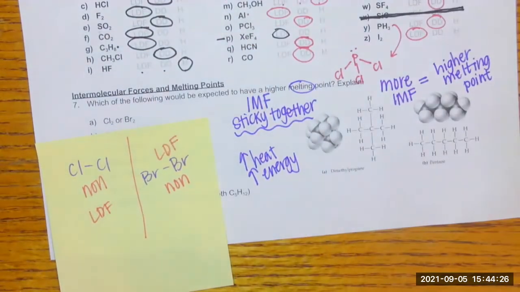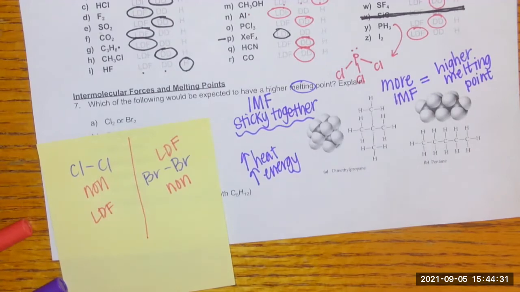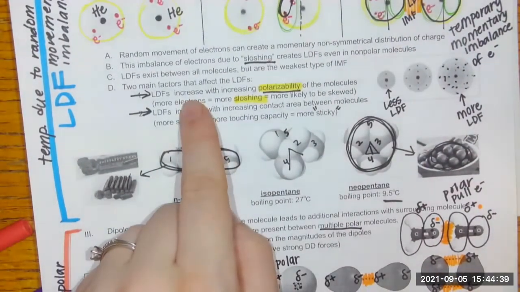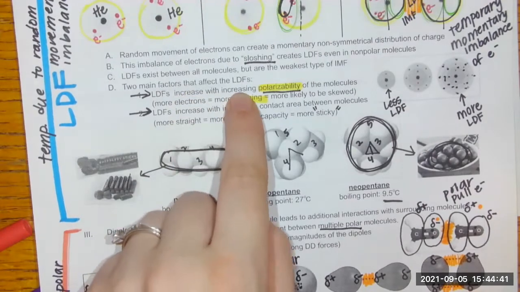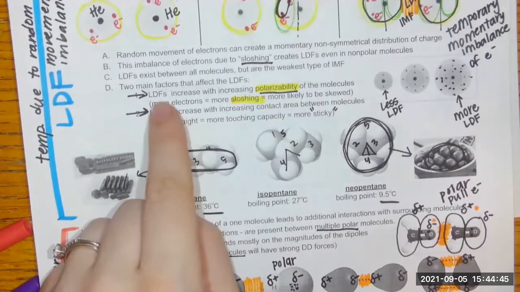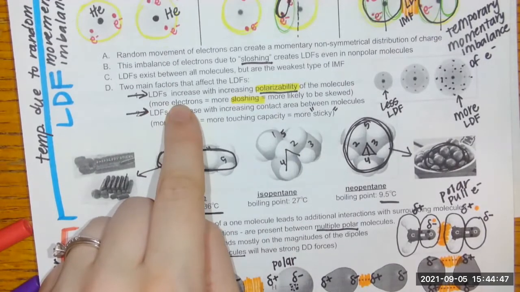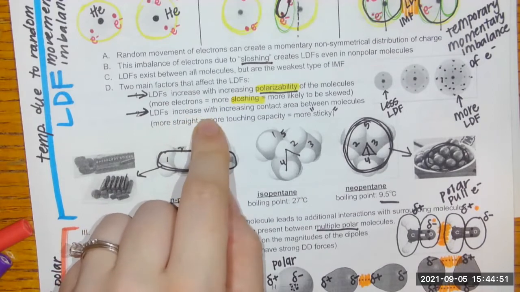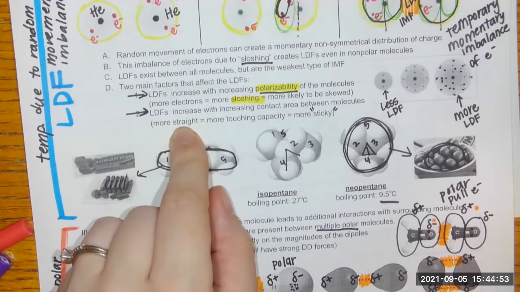Which LDFs will be stronger? So check back in your notes and see what would make an LDF be stronger than a different LDF. LDFs increase with increasing polarizability, aka with more electrons. LDFs increase when they're more straight.